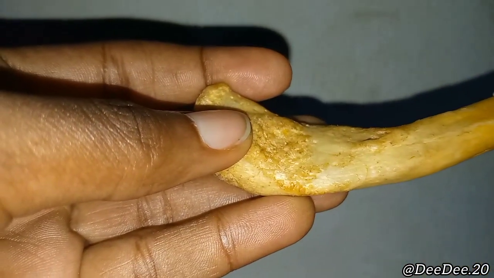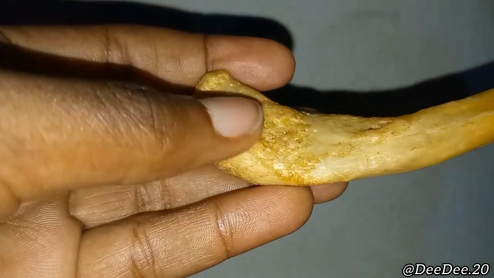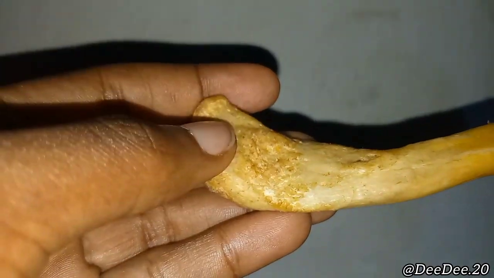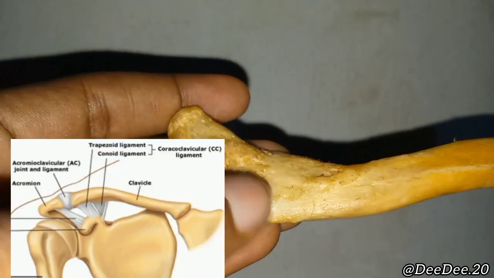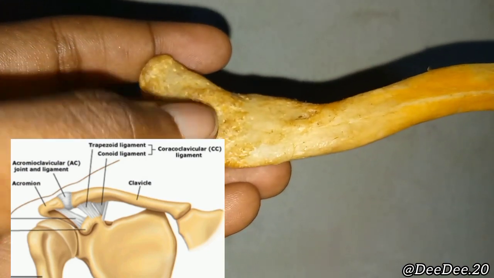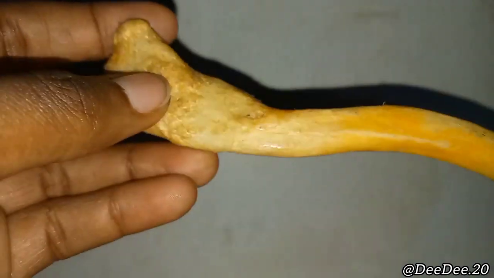And on the inferior surface, we have the conoid tubercle and the trapezoid ridge. They give attachment for the conoid and trapezoid parts of the coracoclavicular ligament. We already mentioned that before.